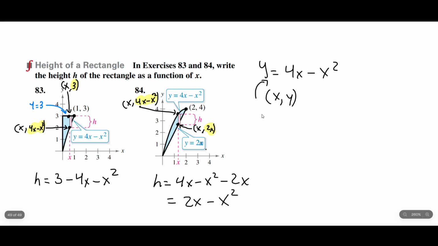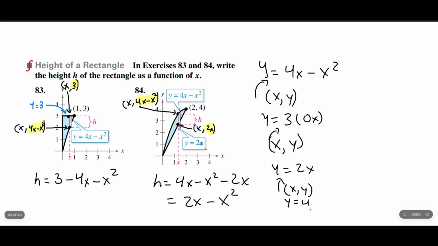We have y equals 3, and this would be 3 plus 0x. X comma y must still belong here. We have y equals 2x. X comma y must belong here. We have y equals 4x minus x squared. Well, we already did that. You guys get the point, right? X comma y must belong to both of these.